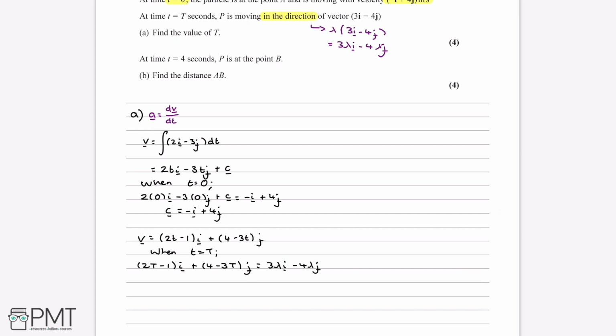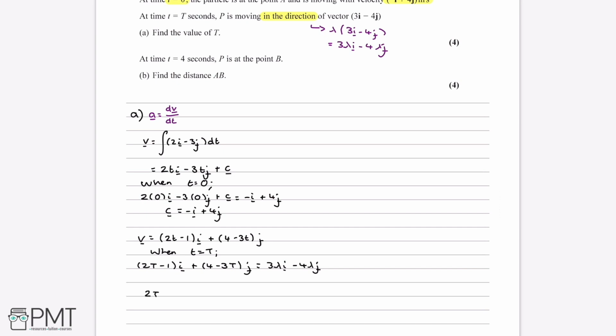Now we can do something called comparing coefficients. The coefficient of i on the left hand side, 2T minus 1, has to be equal to the coefficient of i on the right hand side, which is 3 lambda. It's the exact same for j, so 4 minus 3T has to be equal to minus 4 lambda. If we write out these two expressions, we can solve to find T.